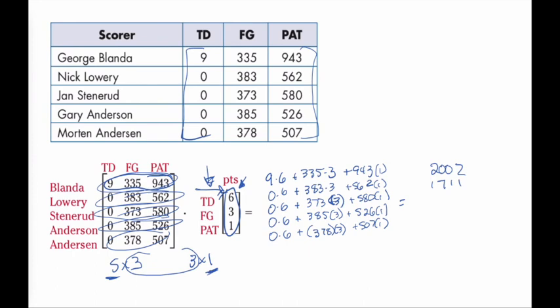And 373 times 3 plus 580 is 1699 for Jan Stenerud. And 385 times 3 plus 526 is 1681 for Gary Anderson.